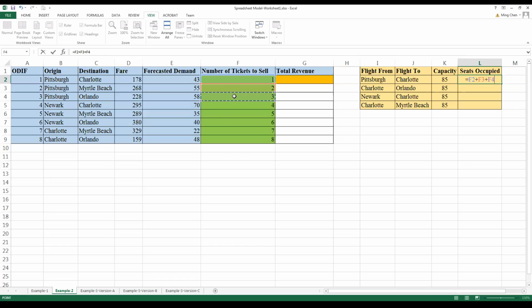So altogether, add these 3 numbers, that tells us how many passengers will end up taking this flight. 3 different OD pairs, but they all sit on the same flight because they all have to go from Pittsburgh to Charlotte first. So F2 plus F3 plus F4, and that's the total number of passengers who will be sitting on this flight.